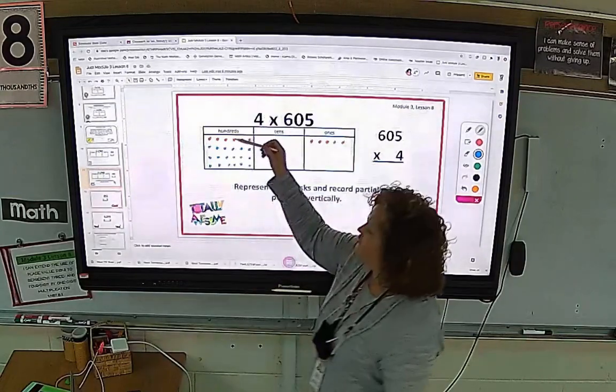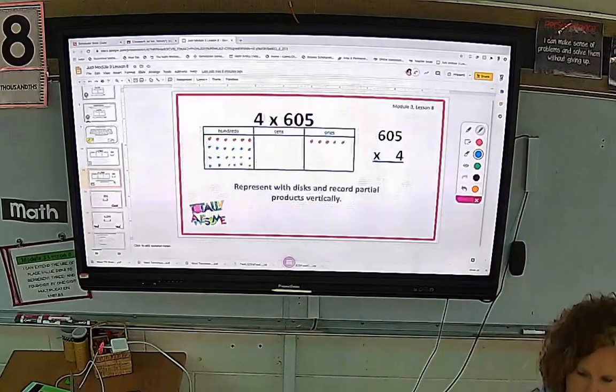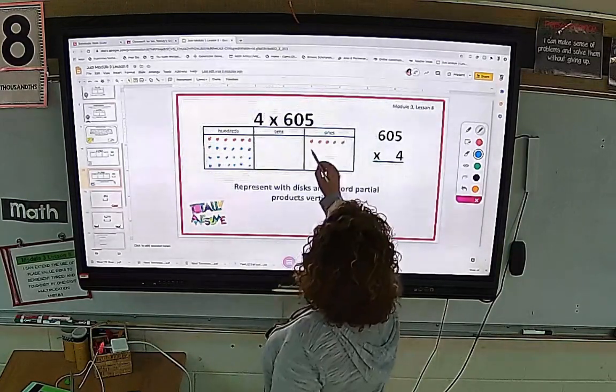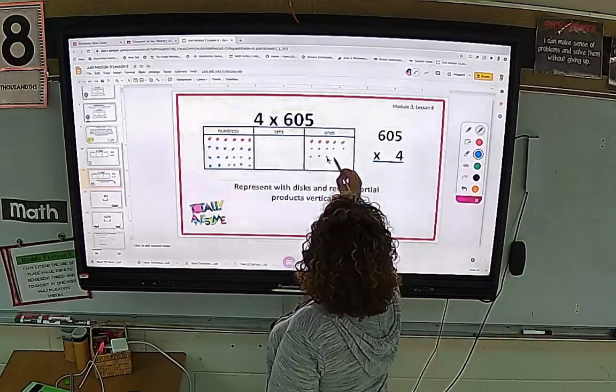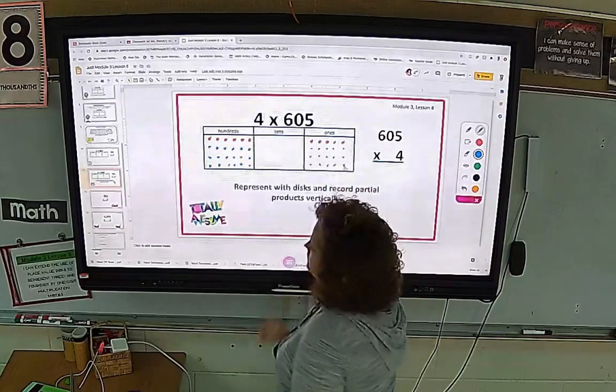So I should be able to count 4 different groups of 6 dots. Okay, go ahead and do that on your place value chart. And you'll want to do that with the 5 ones also.